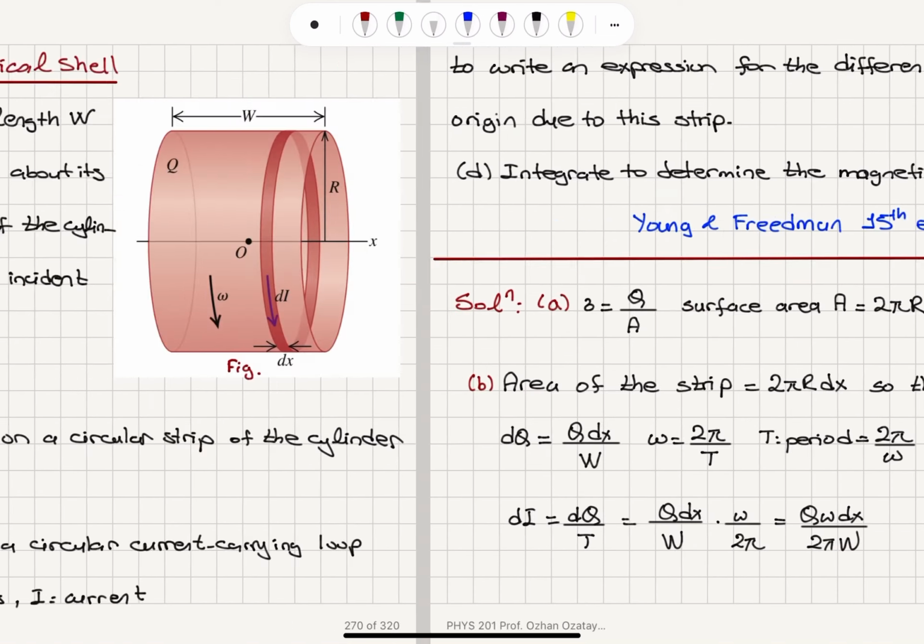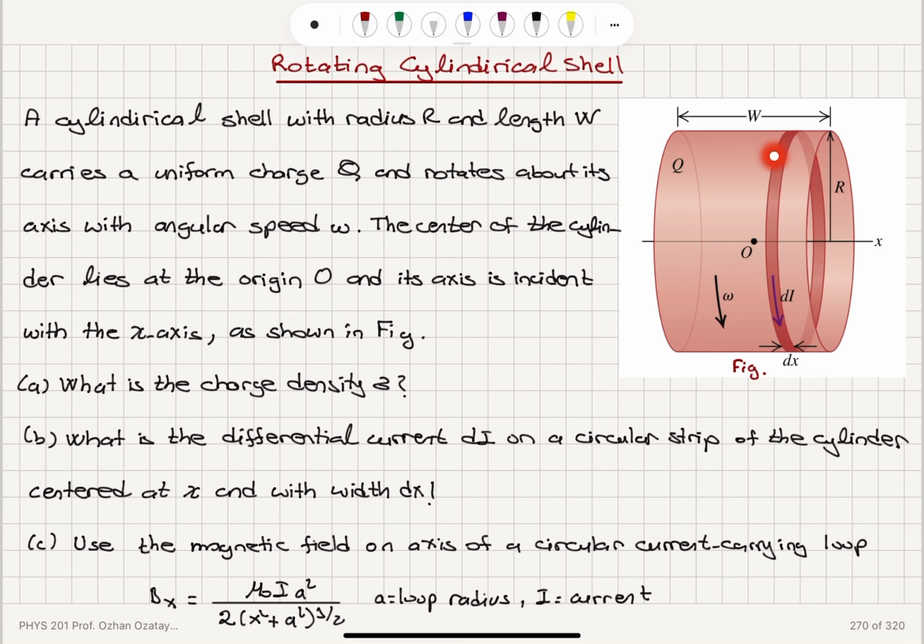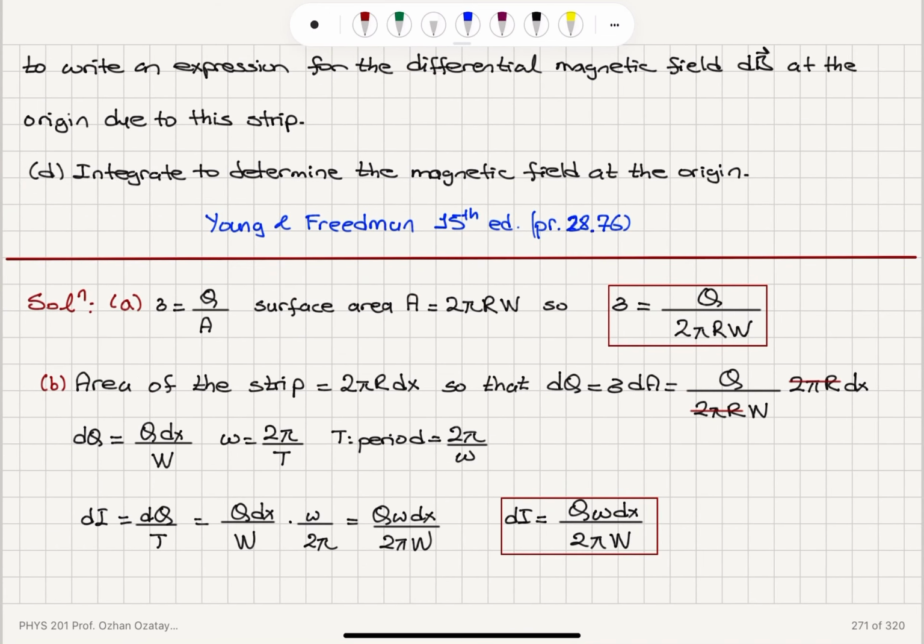And the charge stored on this strip is making one full turn in one period. So dq divided by the period is the current, but the angular speed is 2 pi divided by the period, so the period is 2 pi over omega. I substitute that to find di, the current carried by this strip, Q omega dx over 2 pi w.